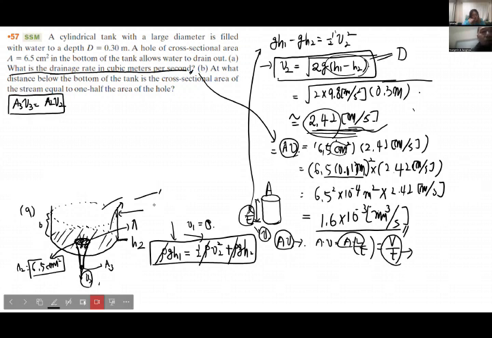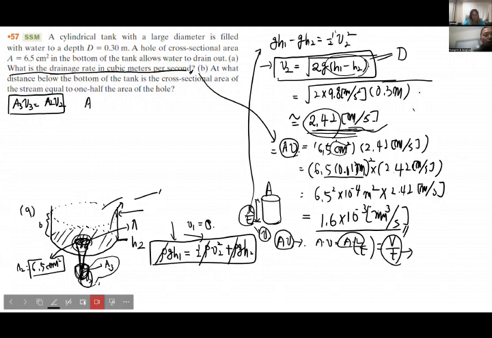So the amount of change of volume of fluid along this bottom of the tank drain hole is the same as the variation of the volume at some distance from the hole, right? Because whatever you drain through this hole must be the same at the bottom of this drain pipe. Okay, the variation itself should be conserved. The amount of variation of the fluid in time must be the same.